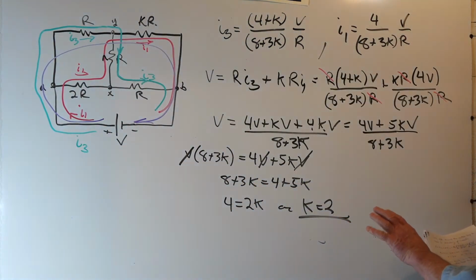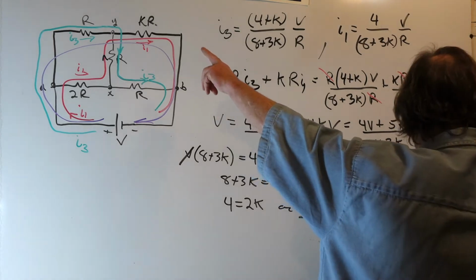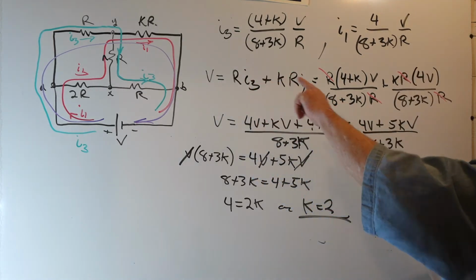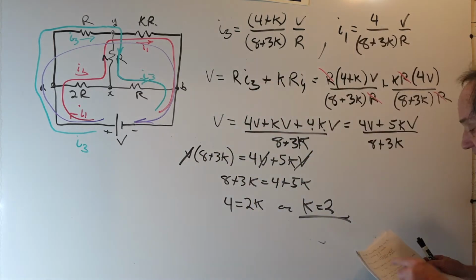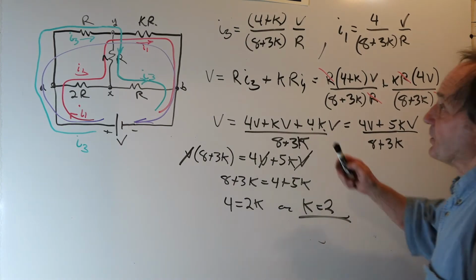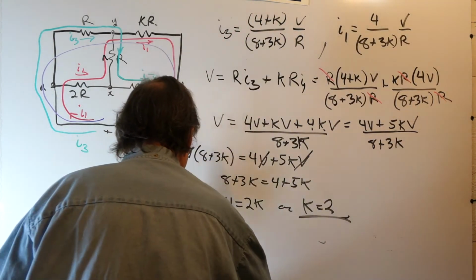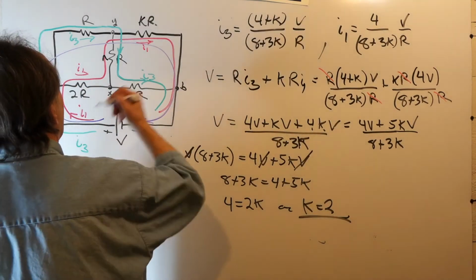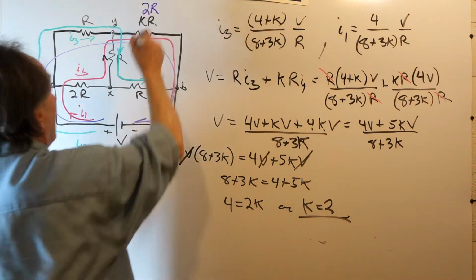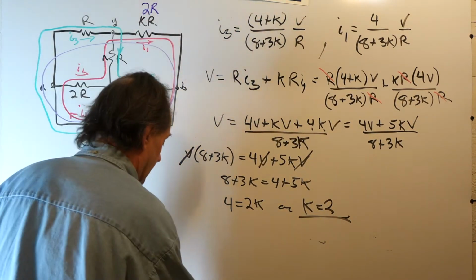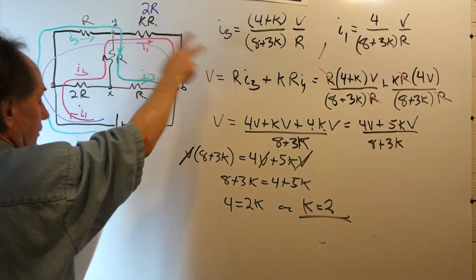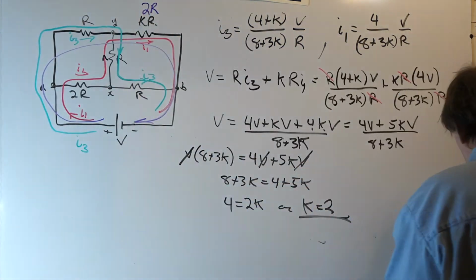It needs to be imposed by Kirchhoff's voltage law around the outer loop to guarantee that the solution is valid. So our KR resistor needs to have the value 2R, or K is equal to 2, which is the symmetrical network that Dr. Lewin started with.